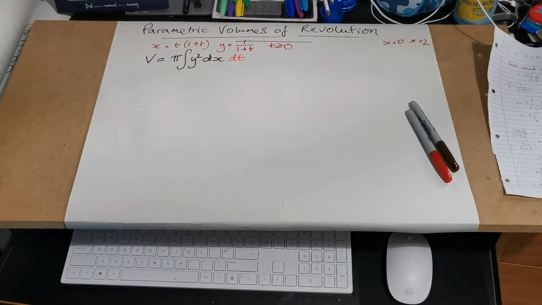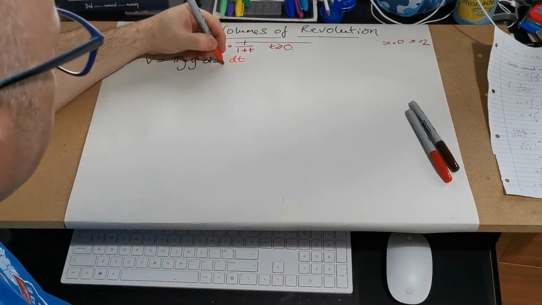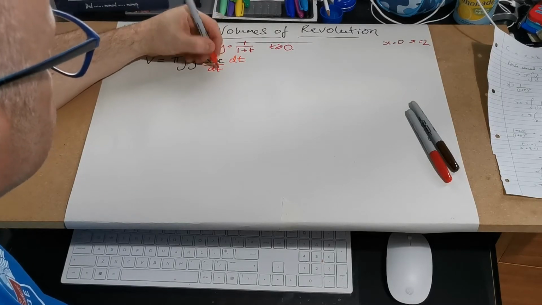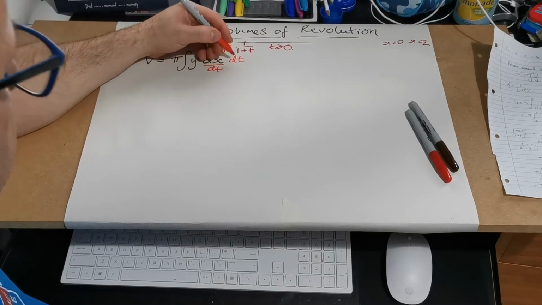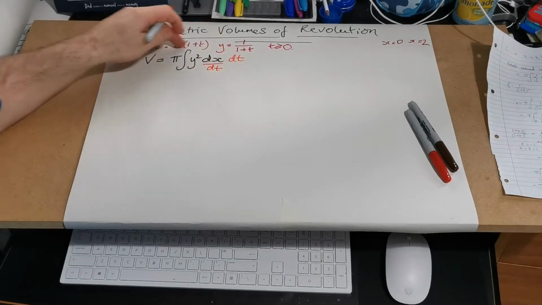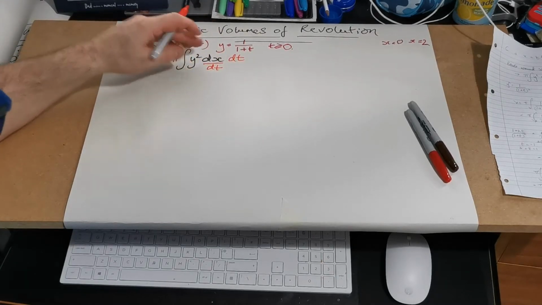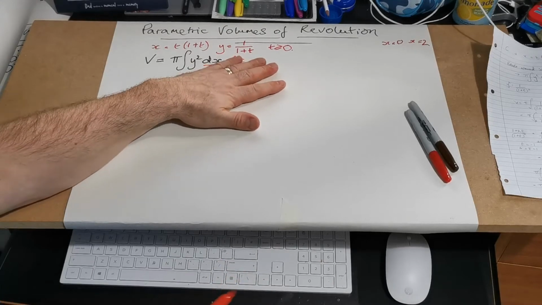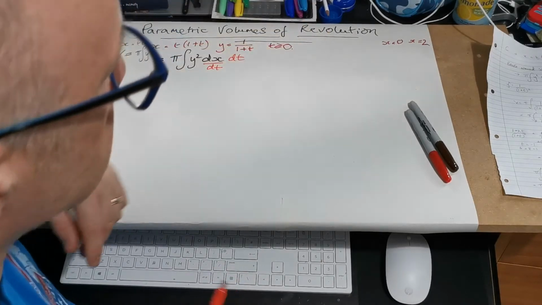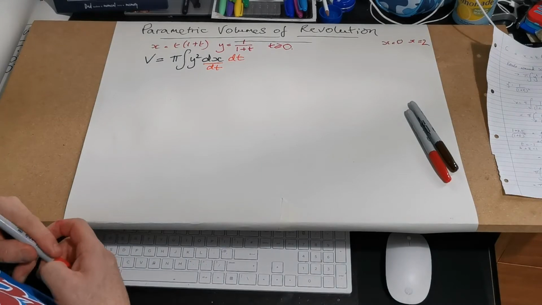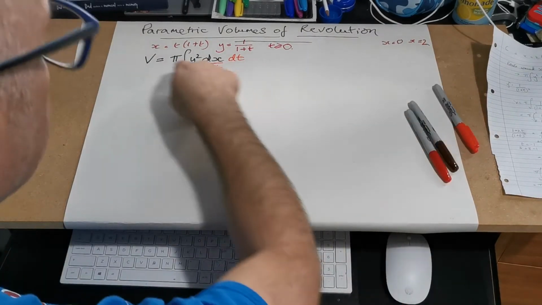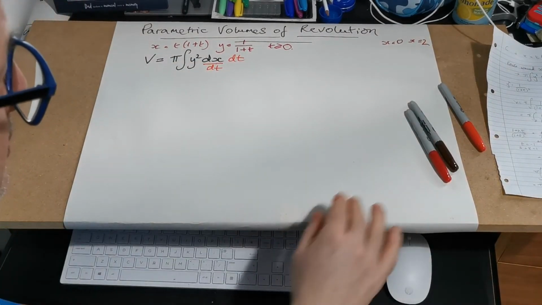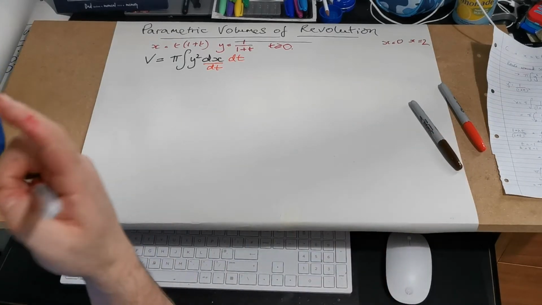But if I were to divide by dt here as well, those would cancel out and I would be left with the same function. So this is exactly the same function as that. This is how I'm going to progress with a parametric integration.